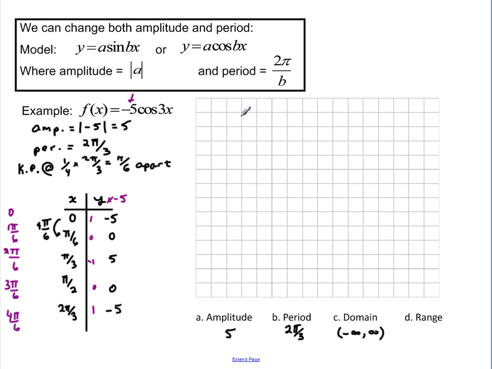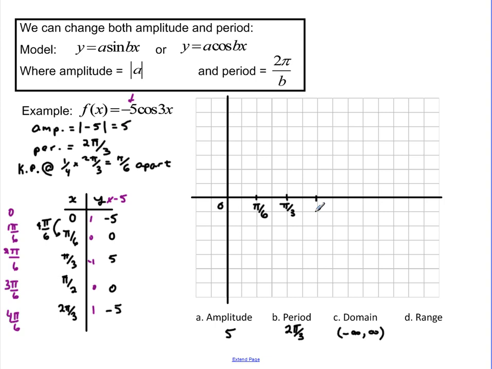Our graph, well, it will look like every other cosine graph in the world ever. We're just going to be changing the points at which we put our x values. So right here, we start at 0. We have 1/4 of our period at pi over 6. We have 1/2 of our graph completed by pi over 3.